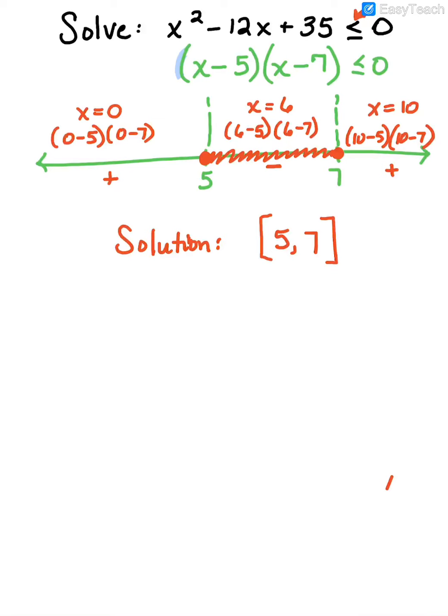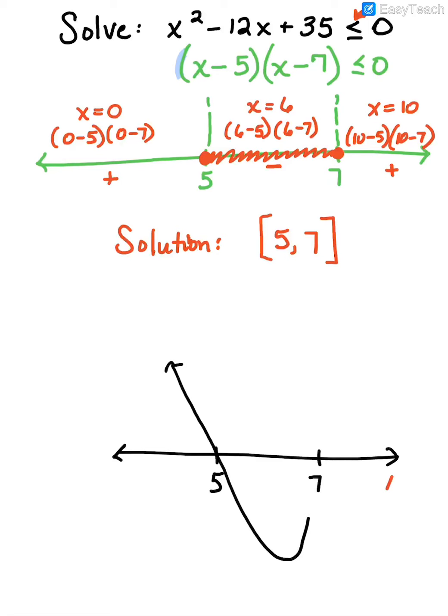And then, of course, once again, if you wanted to instead just think of the graph, this particular polynomial is a quadratic that has x-intercepts at 5 and 7. It is opening up since it's a positive x squared. And so the graph would look something like that. And we are specifically interested in where this particular graph is less than or equal to 0.